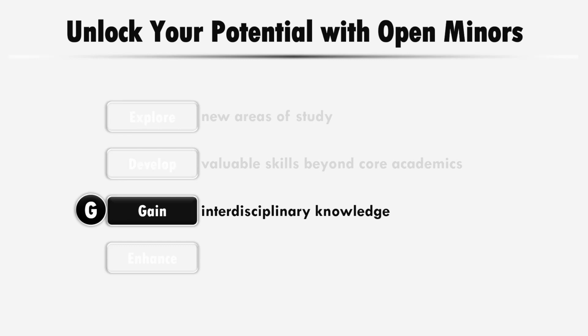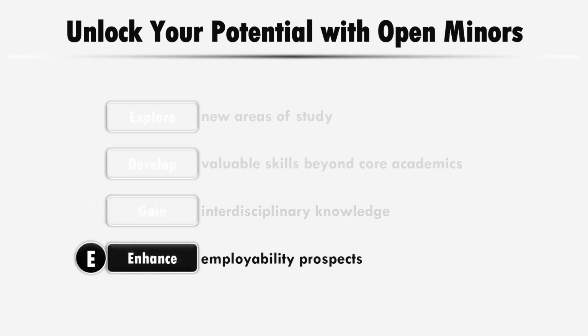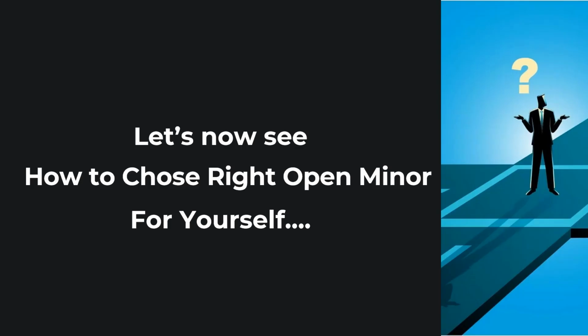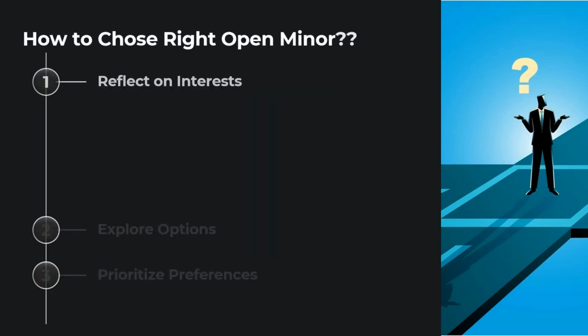The student can also gain interdisciplinary knowledge about various courses, and this will result in the enhancement of employability prospects of an individual. Now, let's see how to choose the right open minor for yourself.